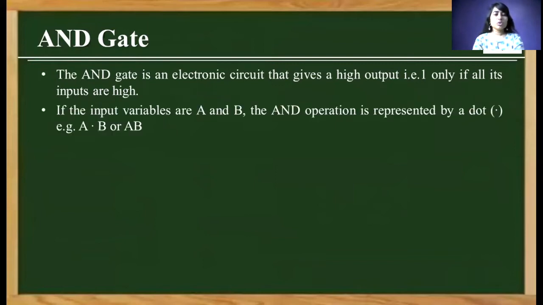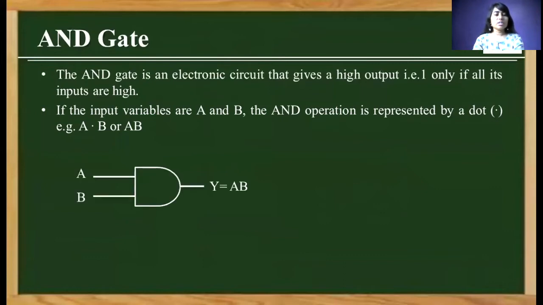If the input variables are A and B, the AND operation is represented by a dot. For example, A dot B, that means the AND operation is done between A and B, or we can simply represent it as AB.